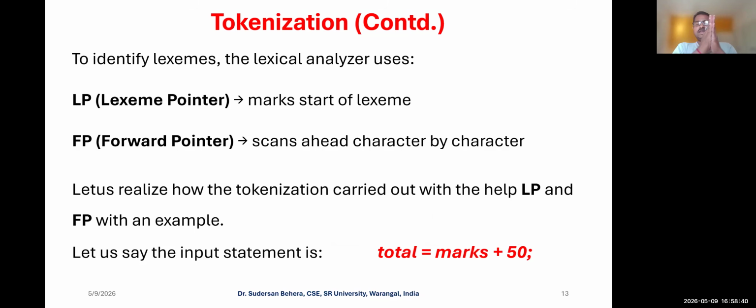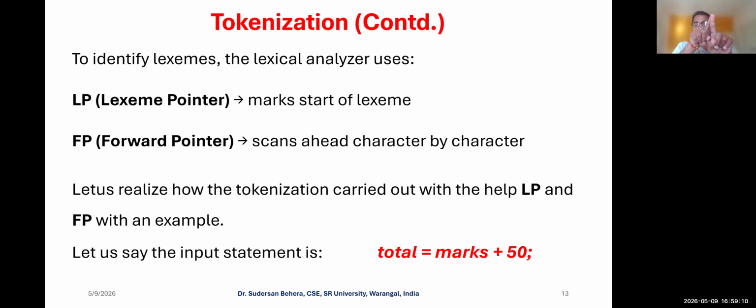Initially both of them point to the first character present in the input buffer, because when you write a program and compile it, line by line it is stored in the input buffer. From the buffer the two pointers read, and initially both point to the starting cell of the buffer.